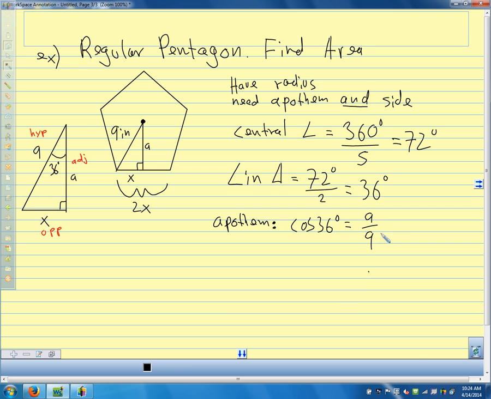I want to get a by itself, so I multiply both sides by 9. Those cancel, and I get a equals 9 cosine 36 degrees. Plug that in my calculator, and I get a equals 7.28 inches. So I have my apothem.